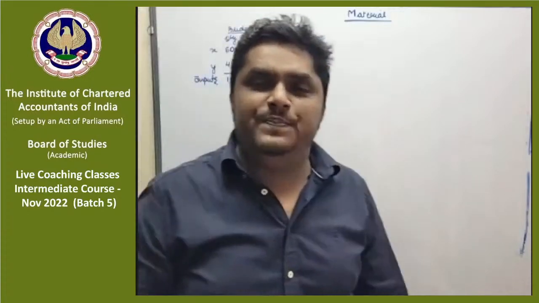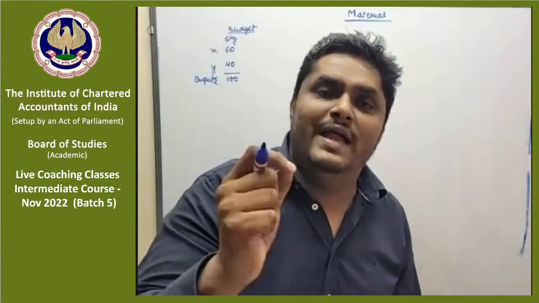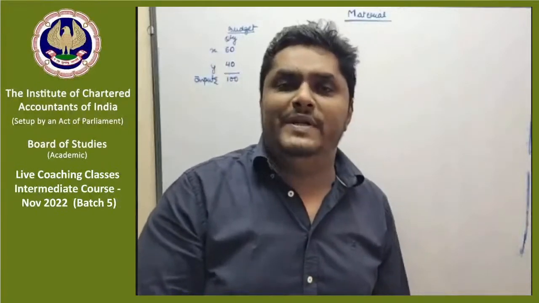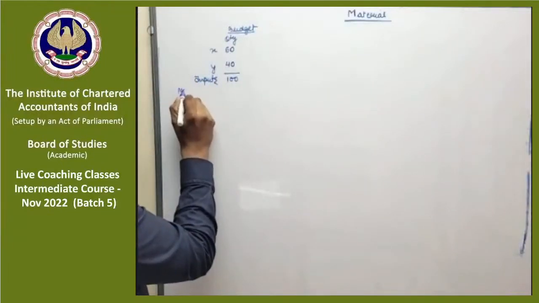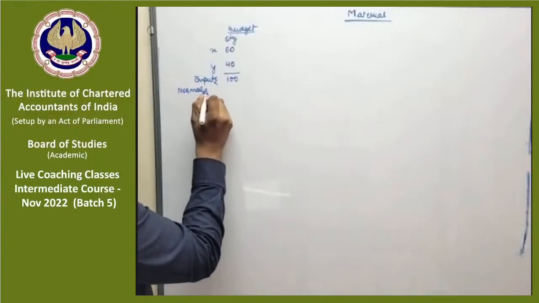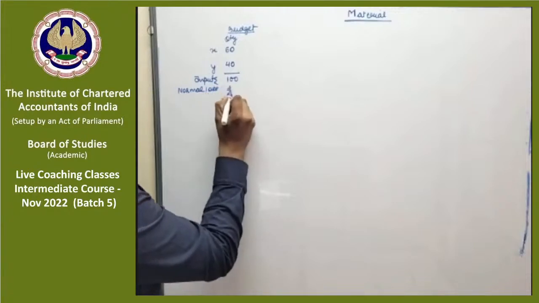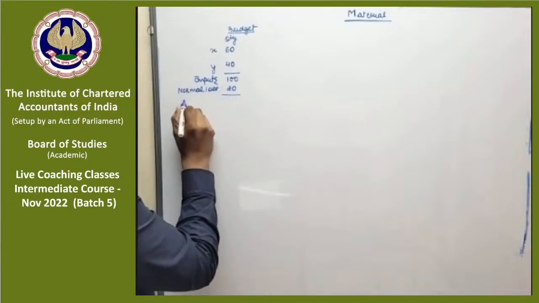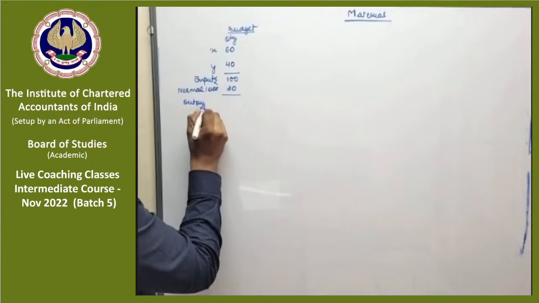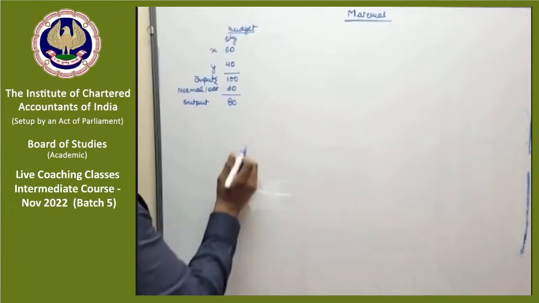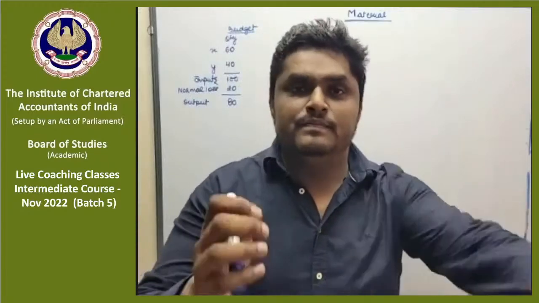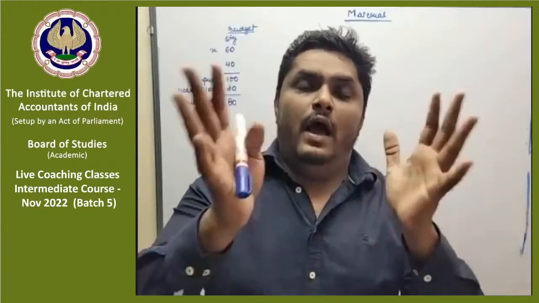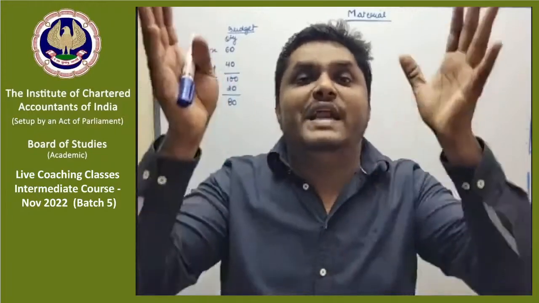The company has predicted well in advance that there will be a loss of 20% on inputs, that is the normal loss, and we will be getting an output of 80 units. I repeat again, guys: now the material department has the correct picture.